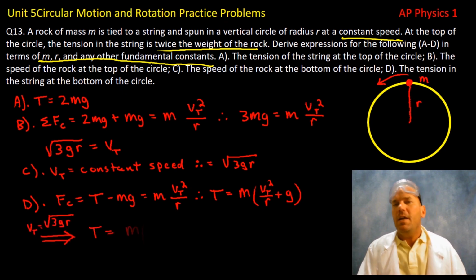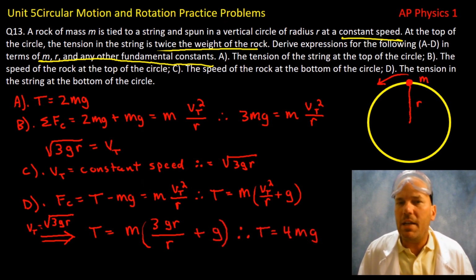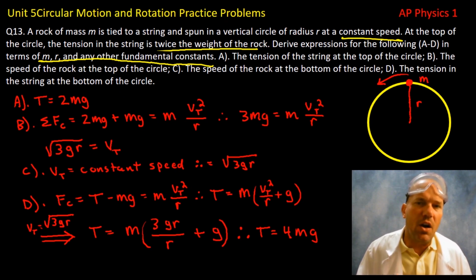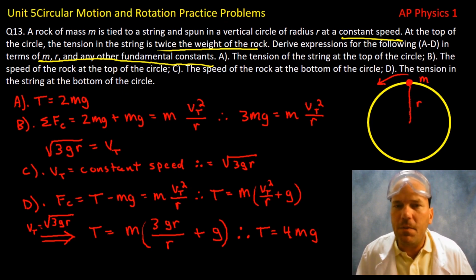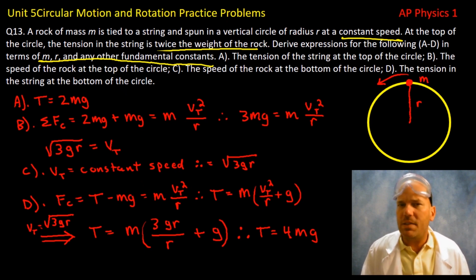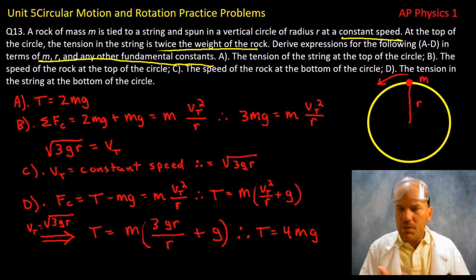where we have the mass multiplied by the quantity of the tangential velocity squared divided by r plus the acceleration due to gravity. We know the velocity is constant, so let's go ahead and plug in our previously derived expression of the square root of 3gr for the velocity. We're squaring it, so now we simply have the quantity 3gr divided by the radius plus the acceleration due to gravity.